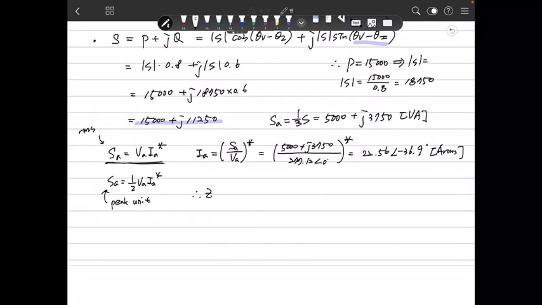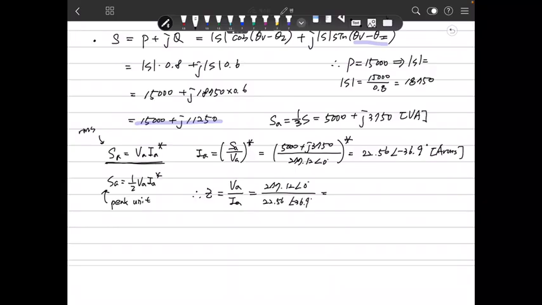So we can calculate Z. Z is VA divided by IA. So there will be 277.12∠0 degrees over 22.56∠−36.9 degrees.